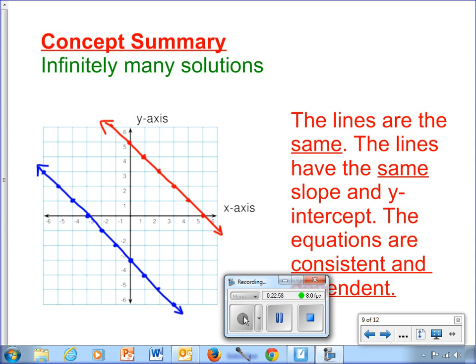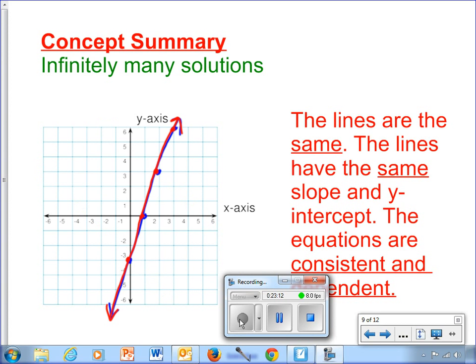Okay, on our middle graph with infinitely many solutions, hang on a minute, I put the wrong graphs. I'm going to pause this and redo it just a minute. Okay, my apologies. Got the wrong one in the wrong spot. But you should have yours graphed in this middle graph. All right, so here the lines are the same. The lines have the same slope and y-intercept.